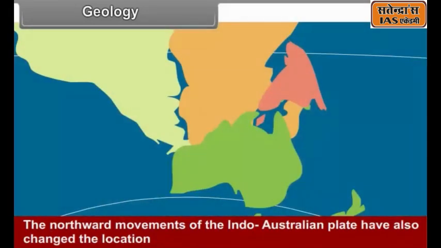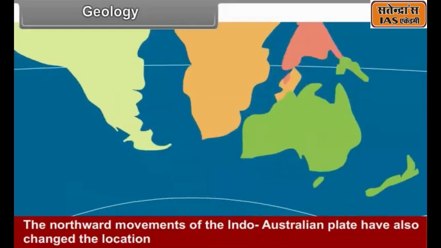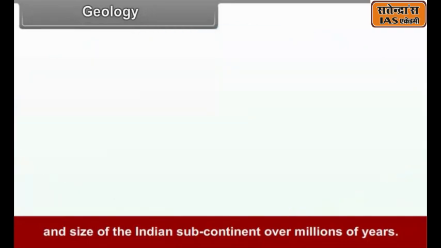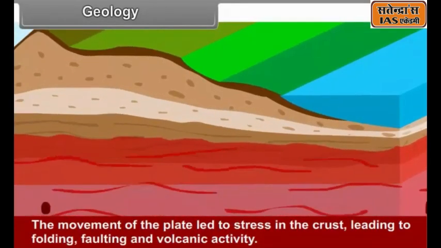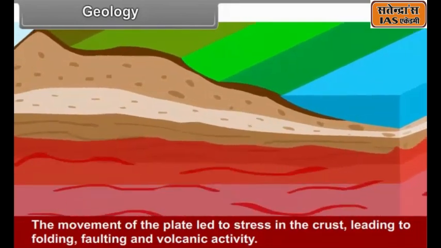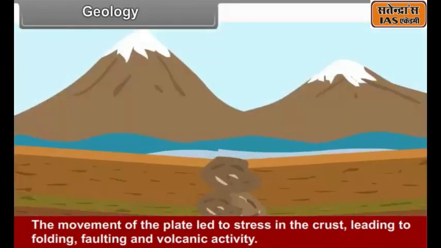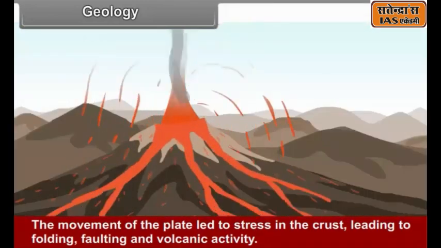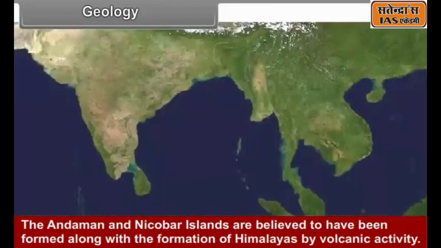The northward movement of the Indo-Australian plate has also changed the location and size of the Indian subcontinent over millions of years. The movement of the plate led to stresses in the crust, leading to folding, faulting, and volcanic activity.